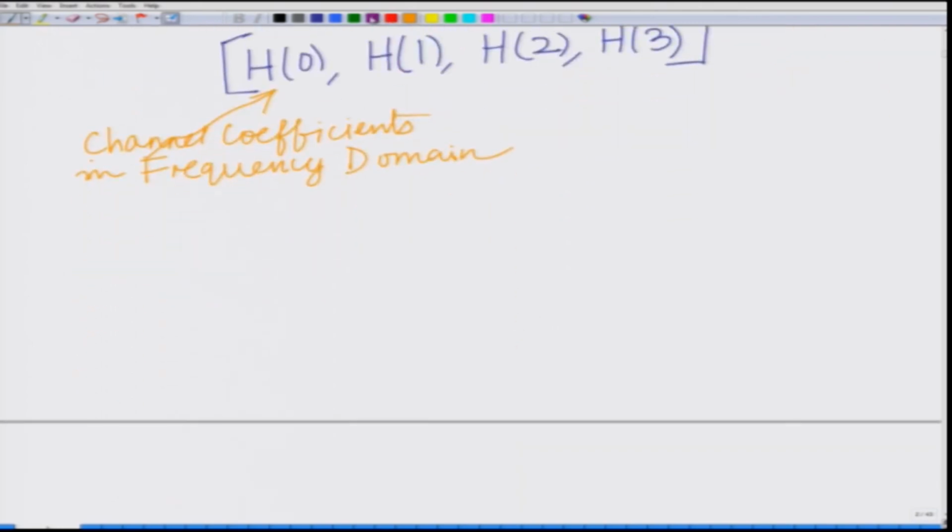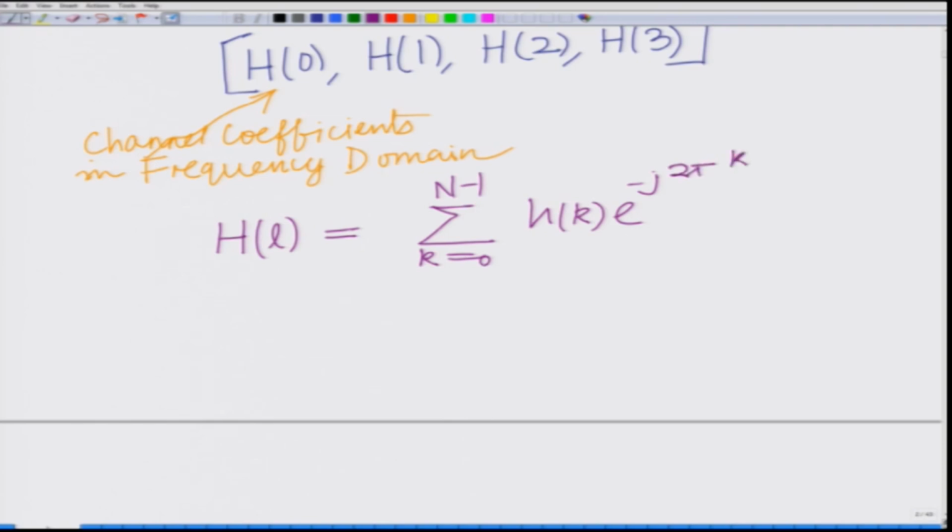Therefore, we have the Lth subcarrier coefficient HL given by the FFT, summation over k equal to 0 to N minus 1 of Hk e raised to minus j 2 pi KL divided by N. This is something that we have seen before also.